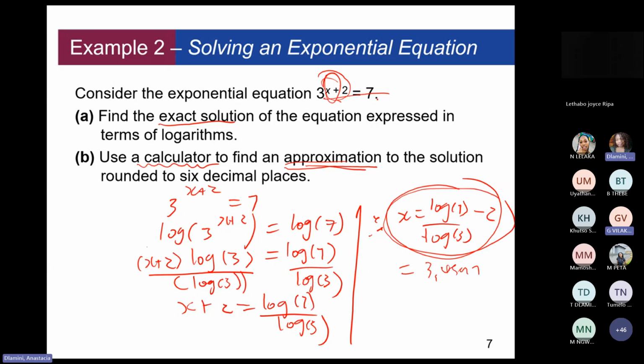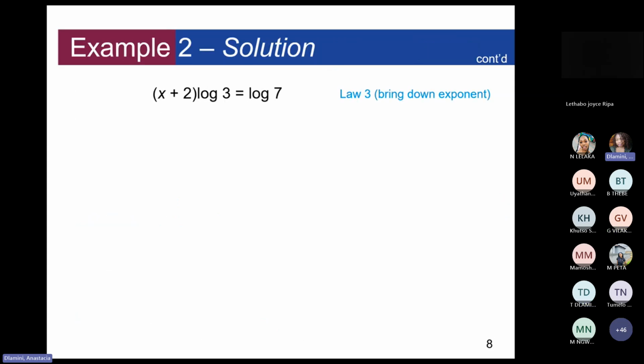So basically, I think what I've noticed is even if you use ln, you might get the same answer because for an exponential function, it divides itself. Let me show you something. If we have 2 to the power of x plus 2 is equal to 2 to the power of 4, remember we said this is 4, so this is 2 to the power of 2, right?